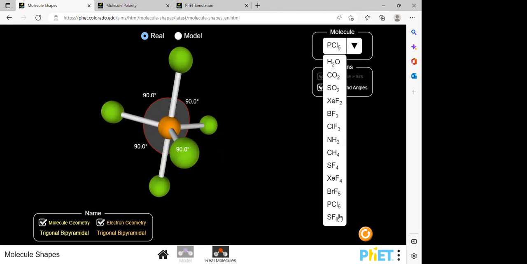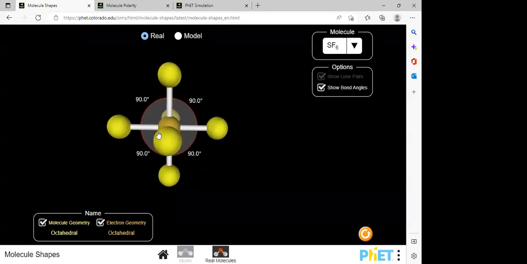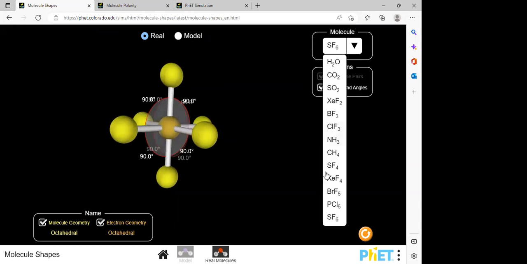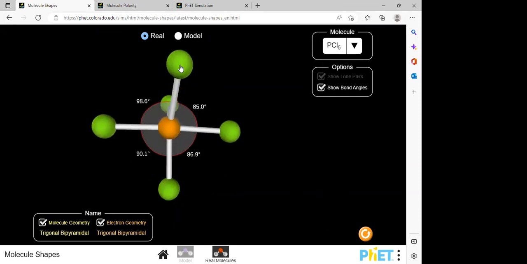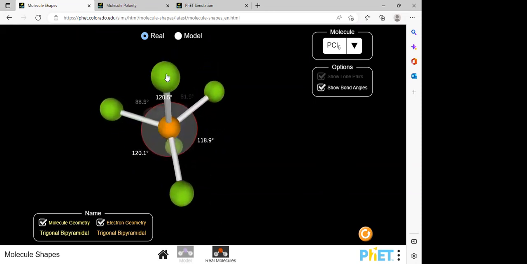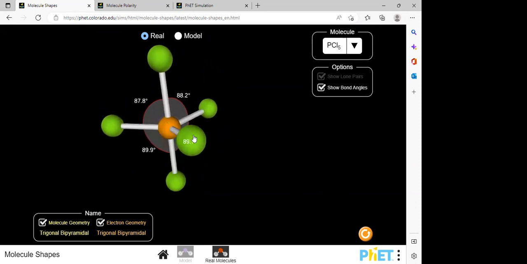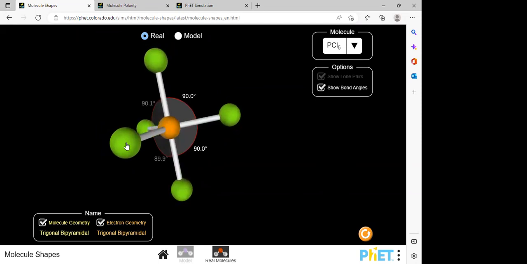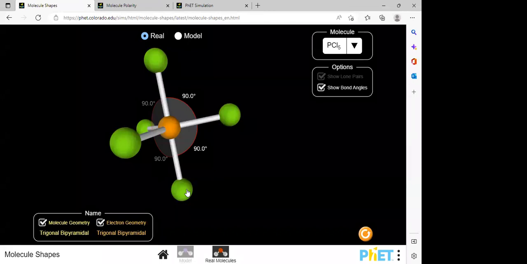Now, the last one, I had 90s in the middle, right? Everything in the middle like this was 90s. But if I go to this one, everything in the middle is, let me rotate it correctly here. There. Everything in the middle is what? 120s. So my middle 120s are going to cancel out. My up versus down is going to cancel out. This would be nonpolar. You look at the pole on this, this would cancel out. Nonpolar.